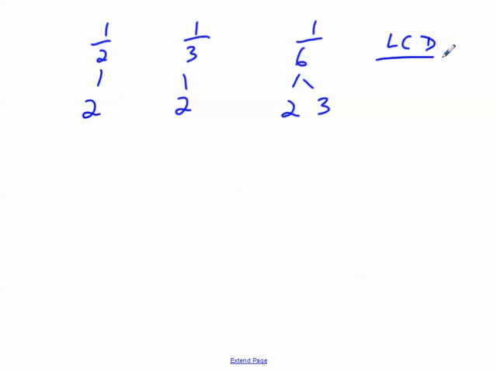Now we list the parts of our lowest common denominator. It includes every single factor from every single denominator raised to the highest power. This has a 2, so we list a 2. That one has a 3, so the lowest common denominator has to have a 3. The lowest common denominator for this one has to have a 2 and a 3, raised to the highest power that we see.